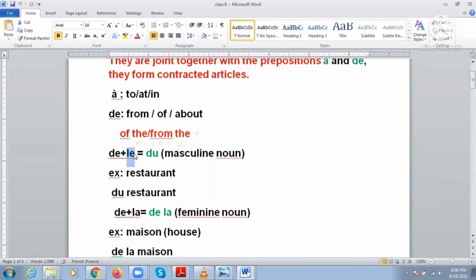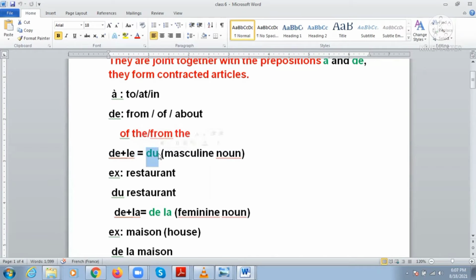So de plus le becomes du. But yes, we will not use this. This is just for the sake of making you understand the formation of du. So this is the contracted form. This is the expanded form. This is the contracted form. That's why we call them contracted articles.